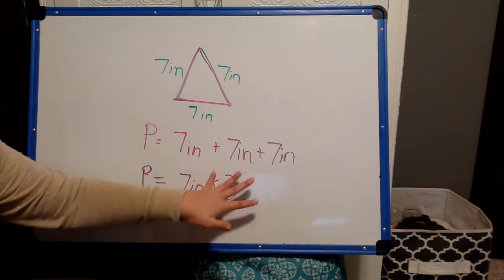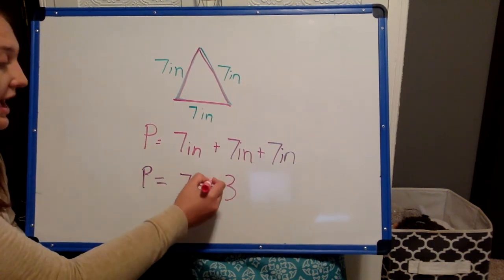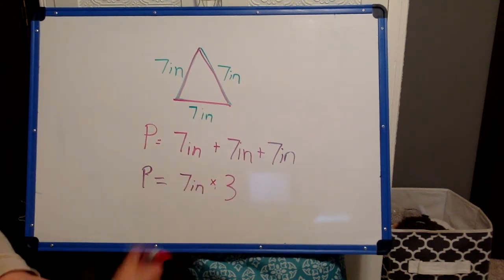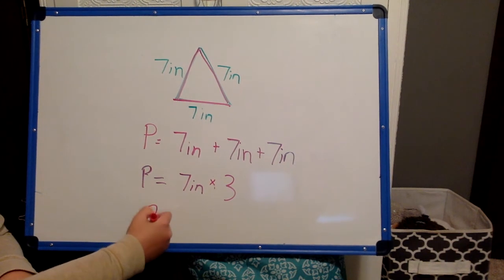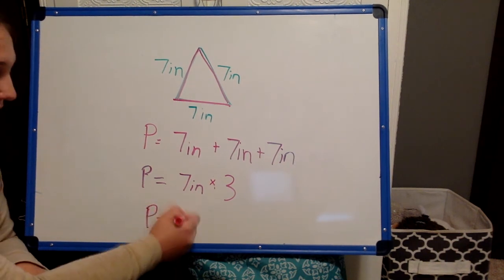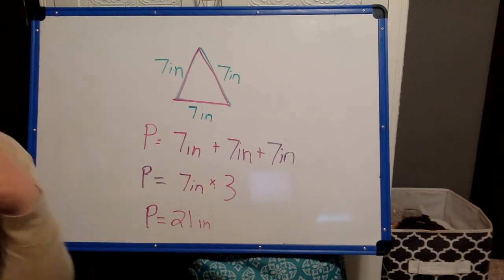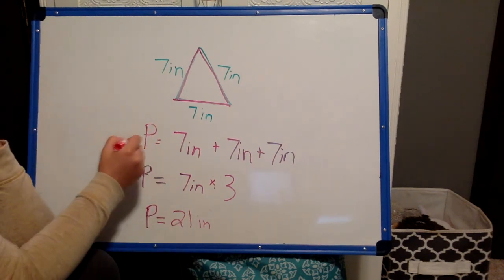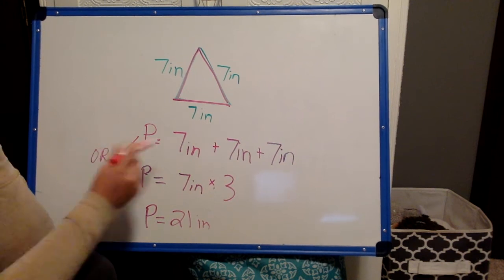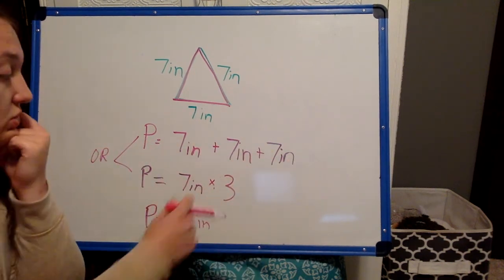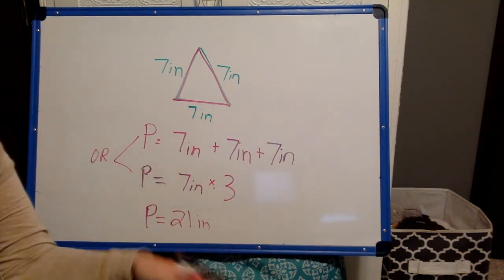We could say 7 times 3. P would then equal, the perimeter of this shape would equal 21 inches. So there's no formula. You could do this one or this one. You could just simply add them all up, or you could multiply by the sides that are the same length.